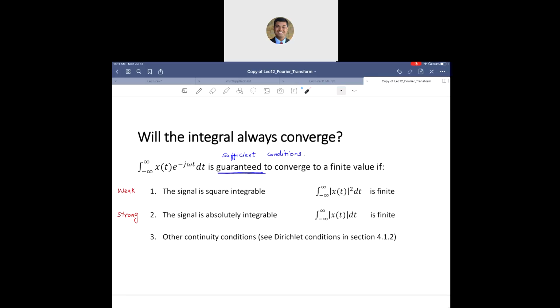Once you do that, you integrate over all time, and if that is finite, that is a strong sufficient condition to let you know that the Fourier transform of the signal will exist. This can be done by inspection very quickly before you actually try to find the Fourier transform.